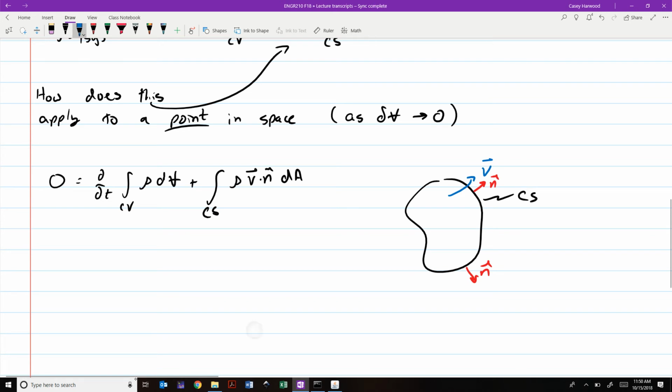Then we can write this quantity on the right-hand side by applying the divergence theorem, which says that the integral over the control surface of some vector b dotted with the n of that control surface, dA, is equal to the integral over the volume that that surface contains of the gradient operator dotted with b.